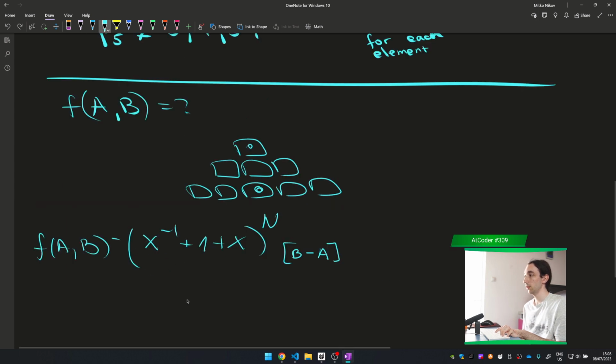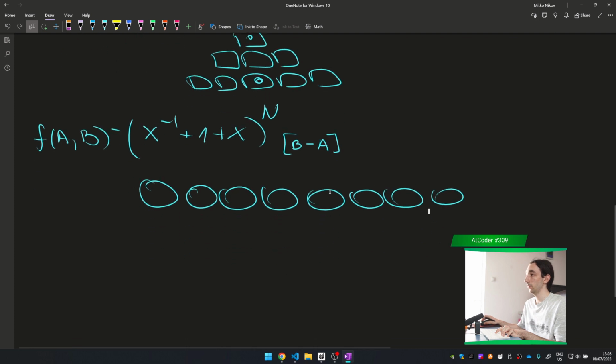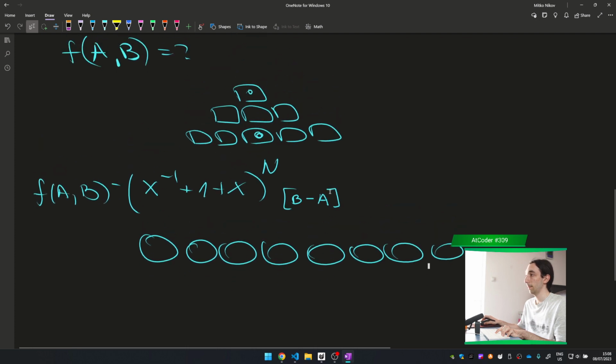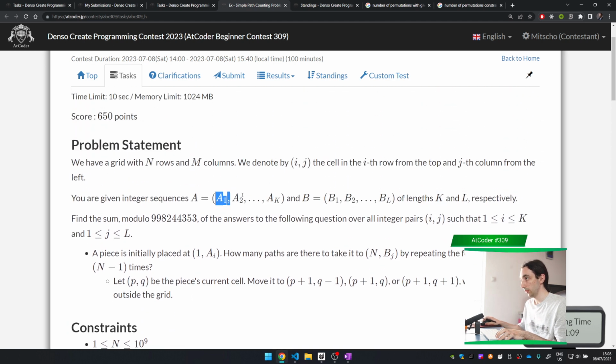So essentially this polynomial will be an array, and then we want to find, for each of these, how many. So I need some kind of FFT here on these two things.